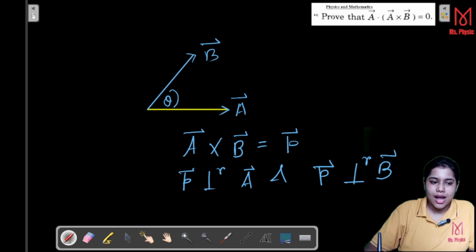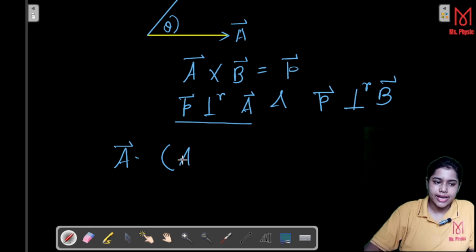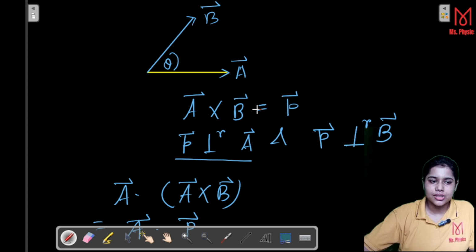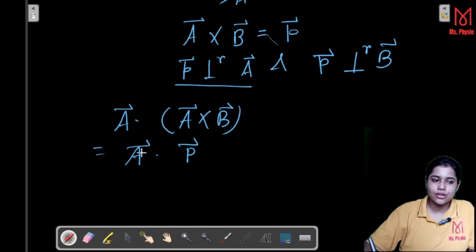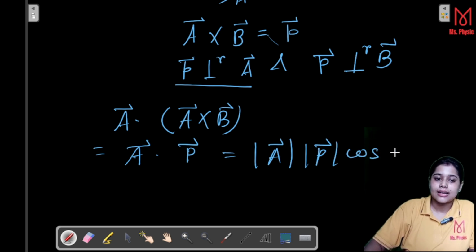That means we can write that P is perpendicular to A. Now we have to prove A dot A cross B, which is equal to A dot P, because we have considered A cross B as P. Due to the cross product, the vector P will always be perpendicular to both A and B. That's why A dot P is equal to mod A mod P cos 90 degree.